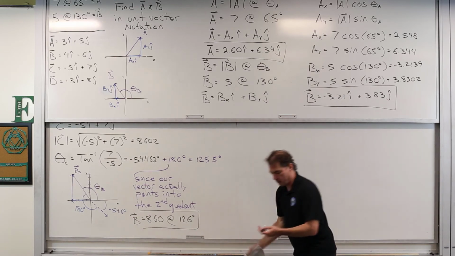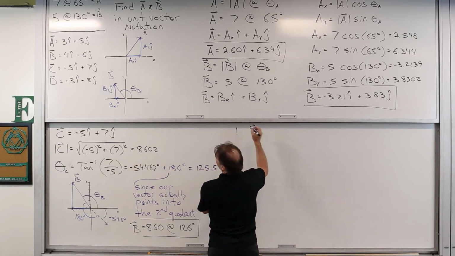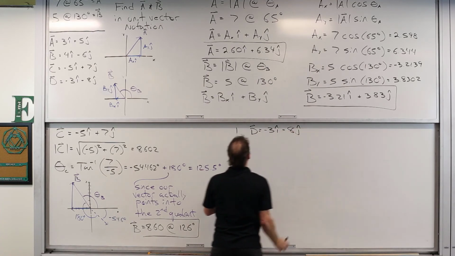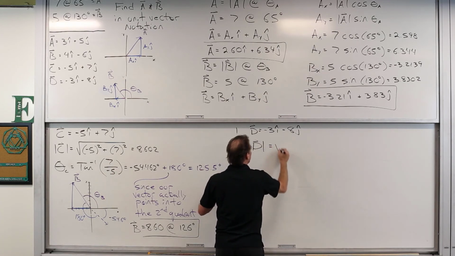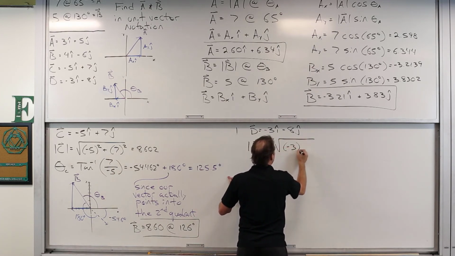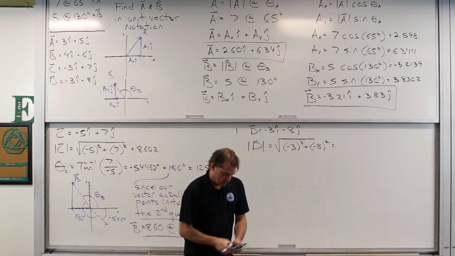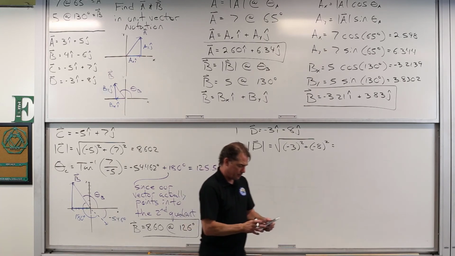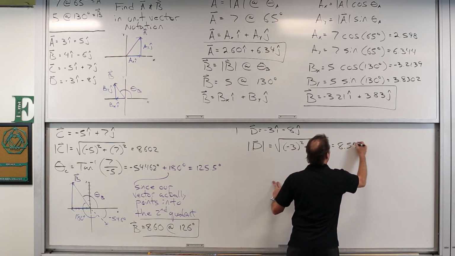Let's do one last one here, just so we can get all these quadrants. And here we go. So we've got ourselves d hat is equal to negative 3 i hat minus 8 j hat. We can go ahead and get the magnitude of d hat being equal to the square root of negative 3 squared plus negative 8 squared, which is 8.544.